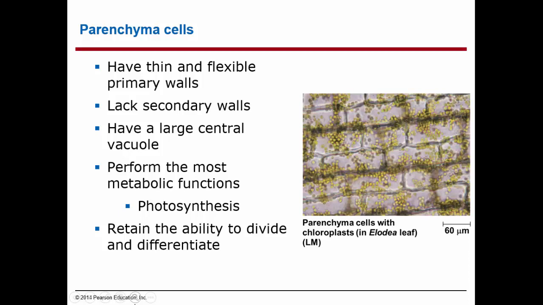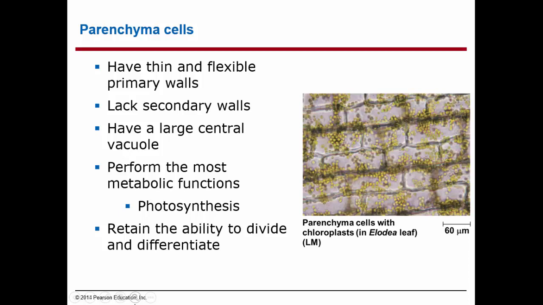Their cells consist of a single cell wall, whereas many other cell types also secrete a thicker secondary cell wall. Typically, these cells have a large central vacuole that holds lots of water.